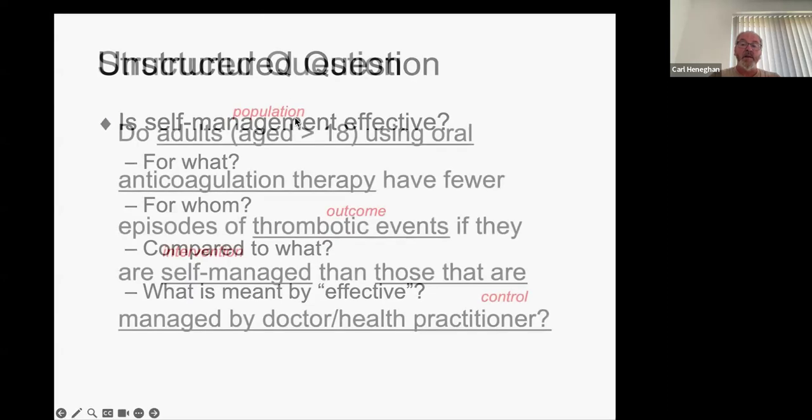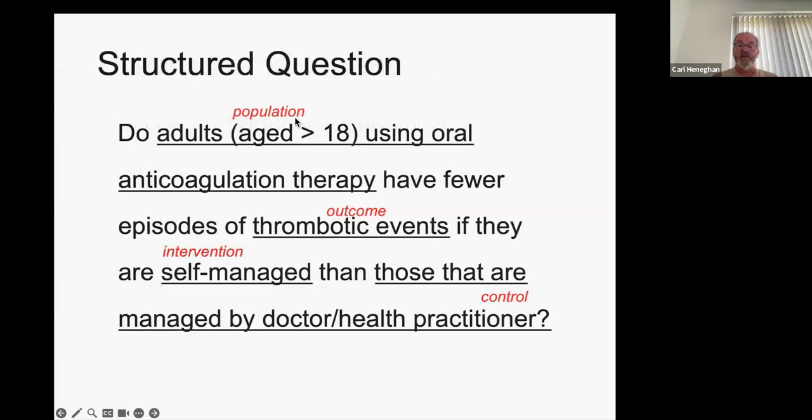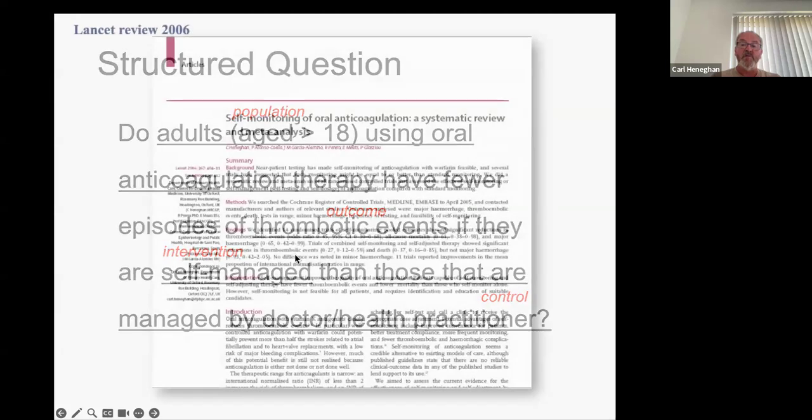So be very clear, you put together: do adults, that's the population, using oral anticoagulation therapy have fewer episodes of thrombotic events if they are self-managed than those that are managed by their doctor or health professional? So that's a very clear PICO. You could have changed the outcome to hemorrhage. You could have been more specific: do adults with heart valves using oral anticoagulation, but you have a very clear PICO that you put together, and that should be within the systematic review.